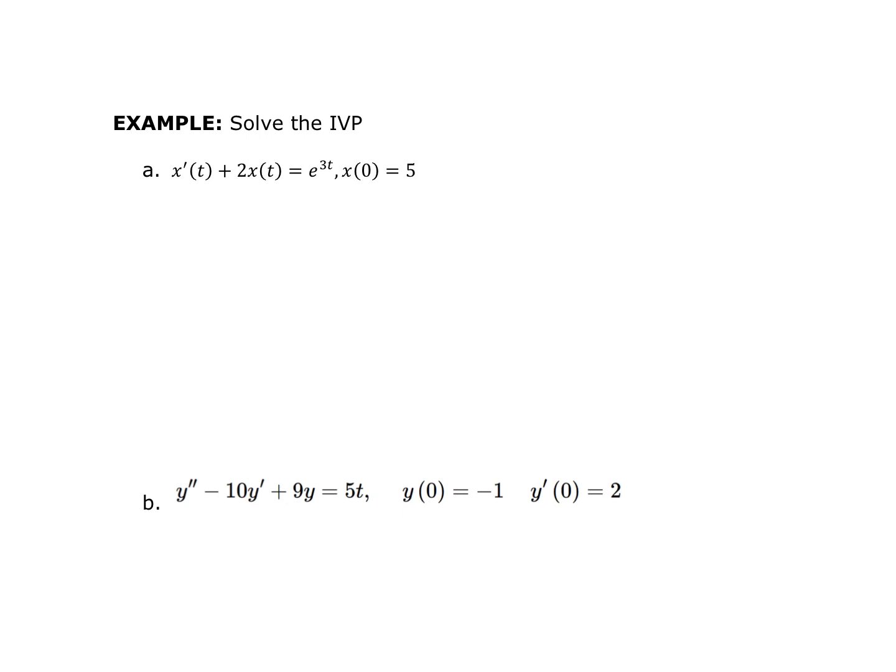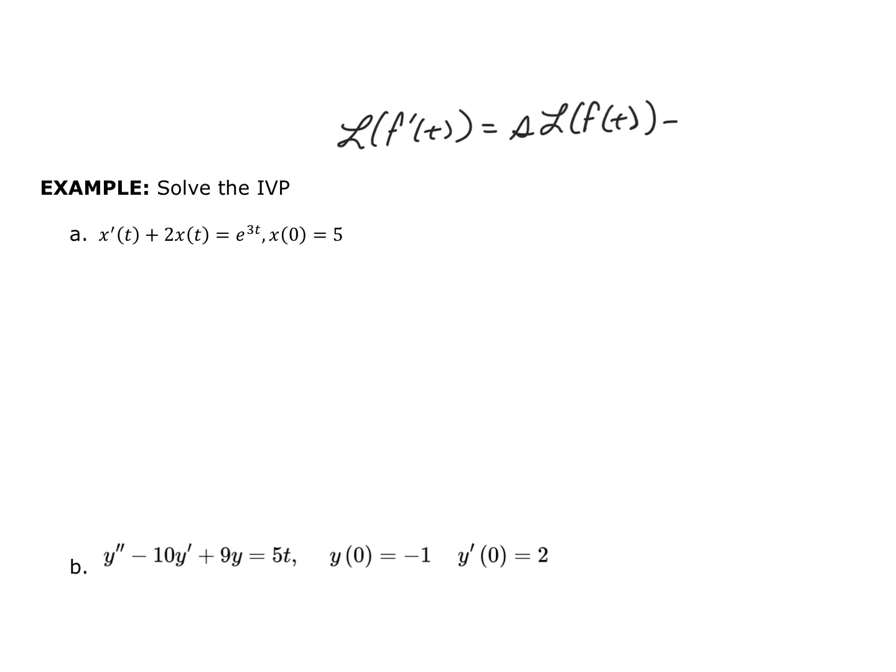Okay, now remember what we set up in the very beginning of this video is that when you take the Laplace transform of f prime, or in this case t x prime of t, this gets replaced with s multiplied by the Laplace transform of f of t minus f of 0.